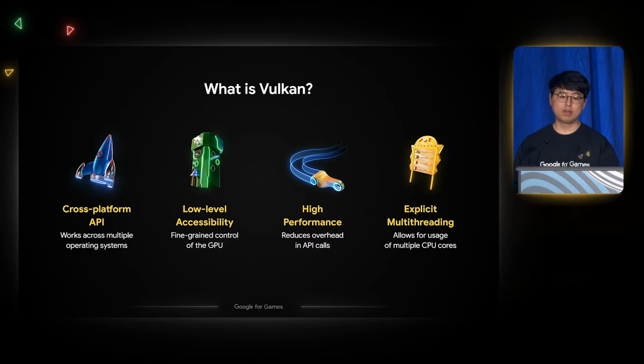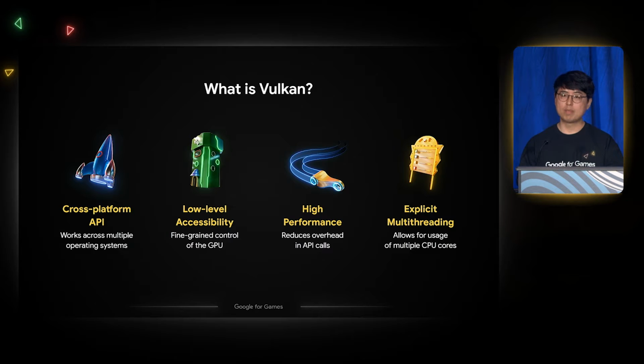Vulkan has been available for several years. It was announced at GDC 2015, and Android picked Vulkan to replace OpenGL ES as a graphics API. There are 4 big reasons why Vulkan was selected. It is cross-platform, so it can be used on the PC as well.